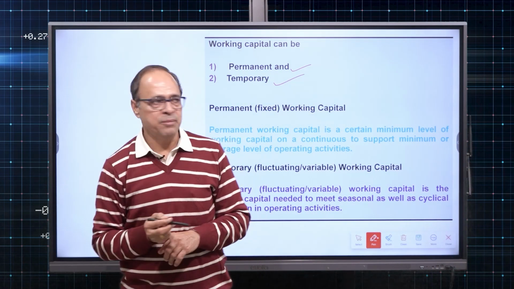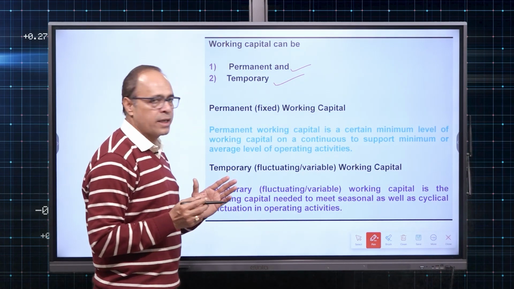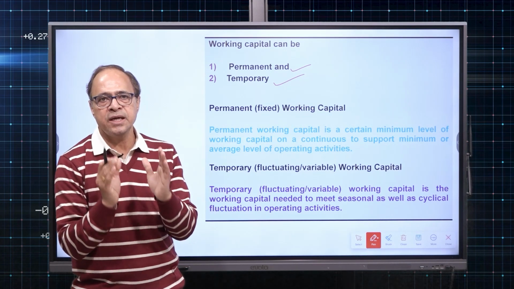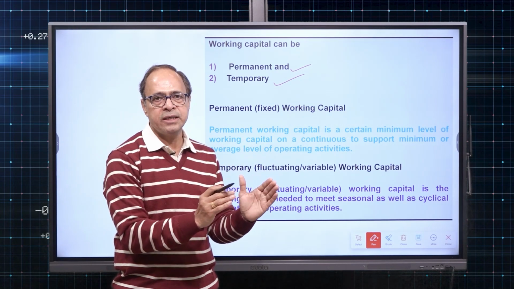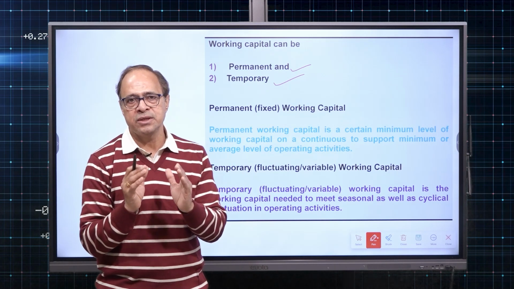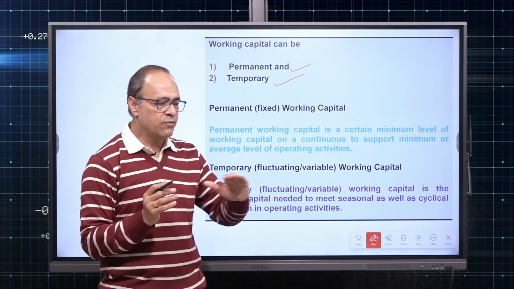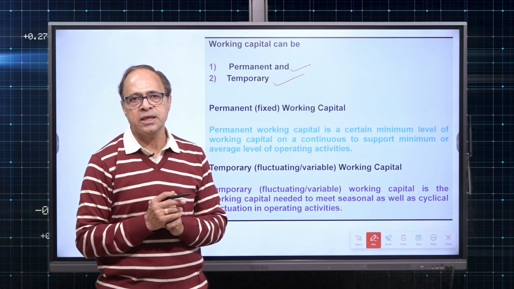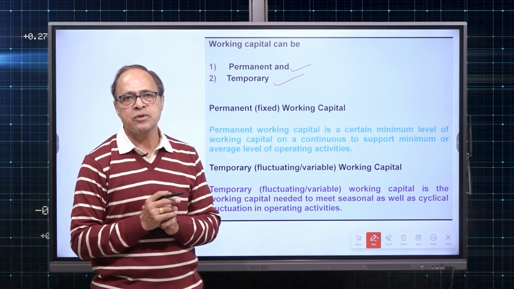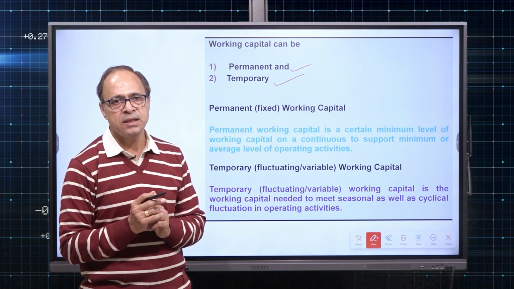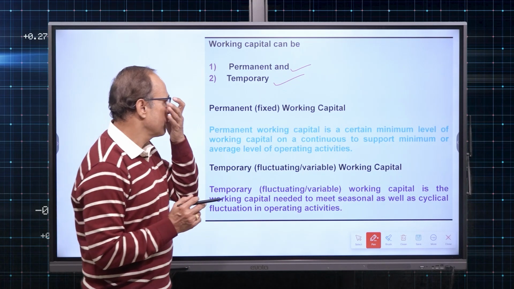Permanent working capital means that amount of working capital which is required throughout the year to sustain normal operating activities or average trading activities. So, if on an average a particular level of production and sales takes place, how much working capital will be required throughout the year? That is called permanent working capital.